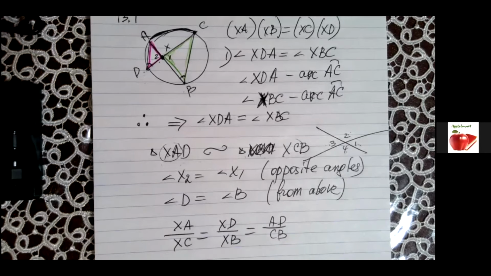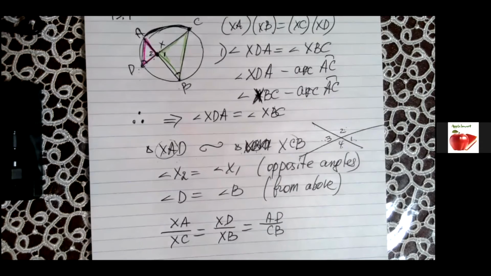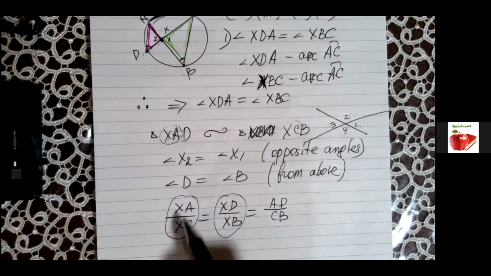Our goal to begin with was to prove that XA times XB is the same as XC times XD. I have my XA with XC over here, and I have my XB with XD over here. So this is true, but I won't even need it. Now, if I have this proportion, two equal ratios, when I cross multiply them, what will happen?